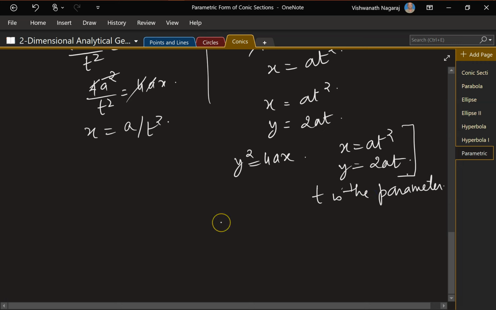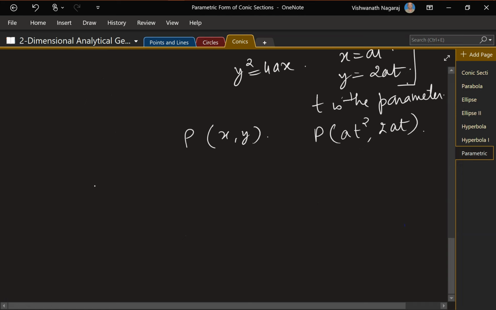So a point P on the parabola can be represented as x comma y in standard form. In parametric form, this would be at square comma 2at. Now we can prove it very easily.